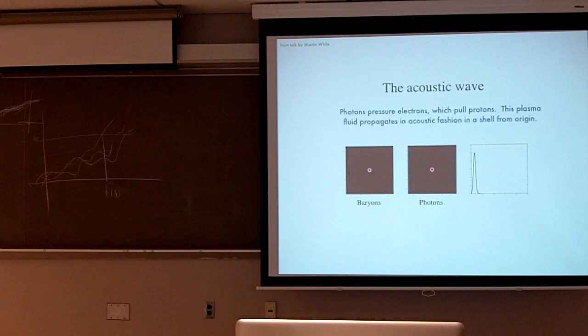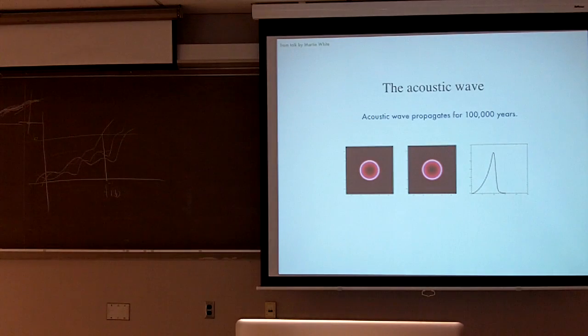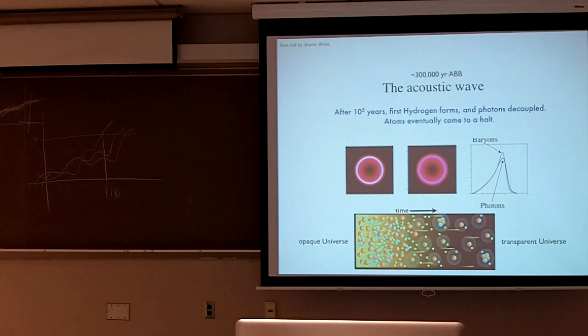As time evolves, you have the radiation propagating outwards. The dark matter stays in place, but the radiation does interact with electrons. They're pressing on the electrons, which are dragging with them the protons. Collectively, they're a plasma acoustic wave going at the speed of sound. They propagate for about 100,000 years from the origin. But remember that at the same time, the universe is expanding, and hence it's cooling down.